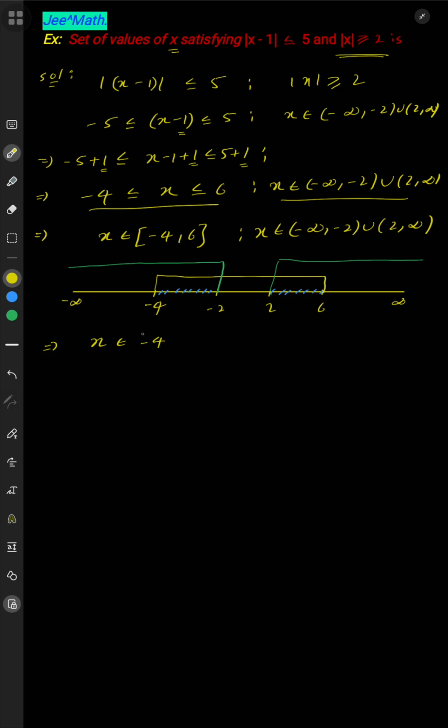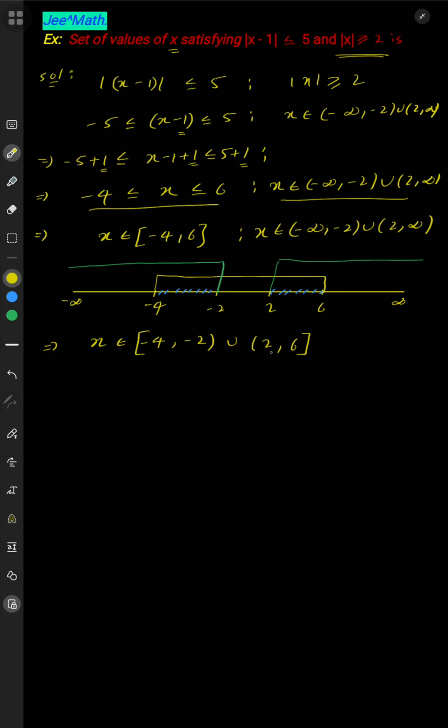When we can take that, you have to take a closed bracket, comma, −2. For −2, you don't have it in this interval. Why? Here an open bracket is there. Union 2 to 6. So 6 is there in this interval, and here also you have 6. Why? A closed bracket is there.